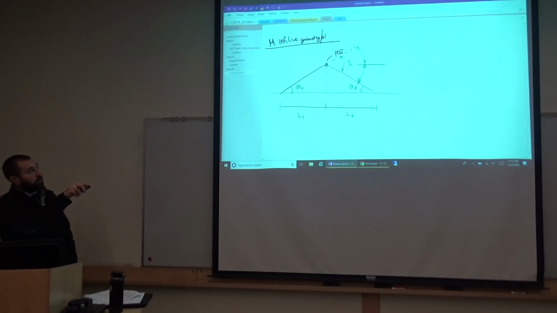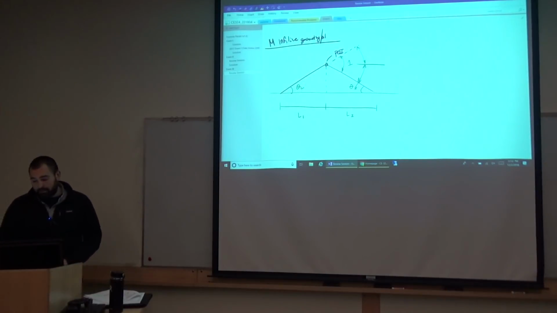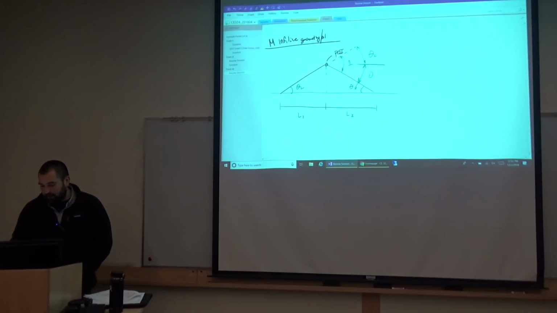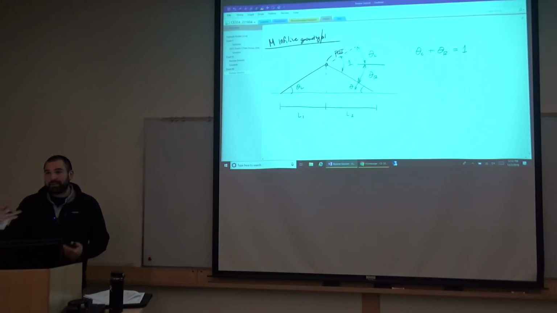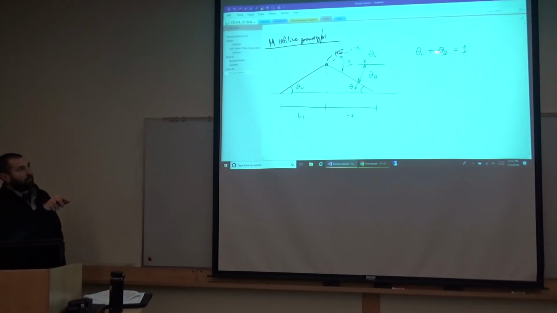This unit rotation, some portion of it is theta L, some portion of it is theta R. So I have 3 equations that I combine together. I know that theta L plus theta R equals this unit rotation, essentially a placeholder. If we're talking in radians, 1 radian doesn't make a lot of sense, but we're basically saying the slope on the left plus the slope on the right has to equal 1.